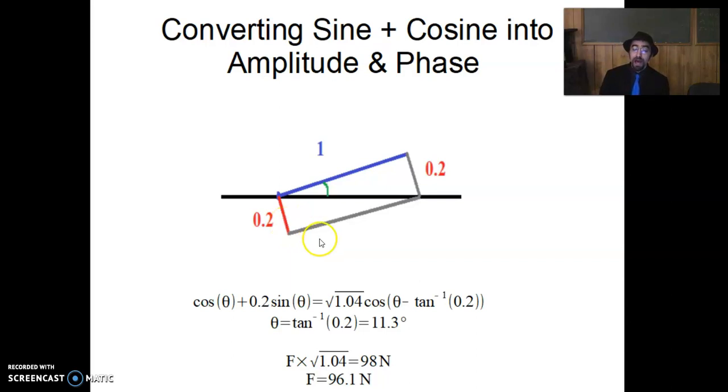To add them up, I just do a standard vector sum. I complete the rectangle. It would be a parallelogram, but we know they're at 90 degrees to each other, so I complete the rectangle here. And that gets me 1 cosine theta plus 0.2 sine theta. I want to maximize the total x-coordinate.